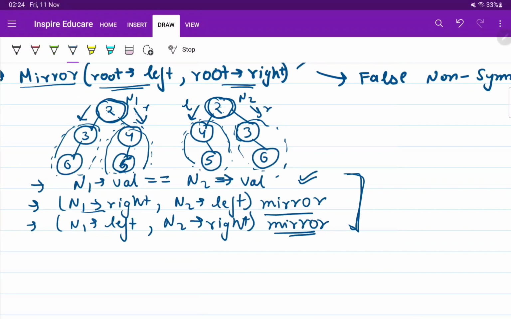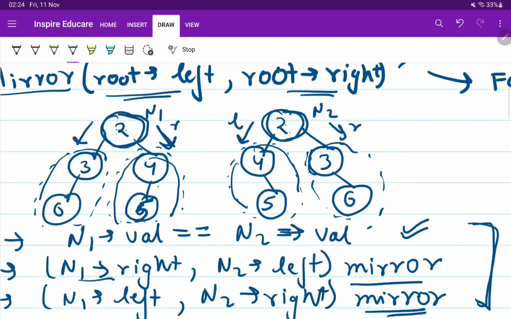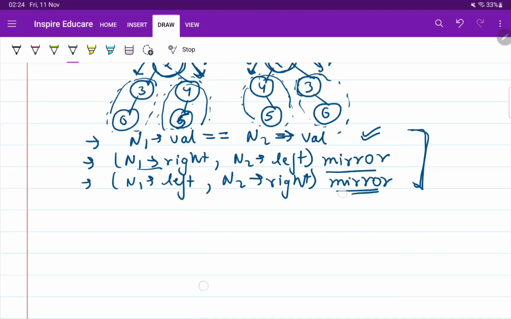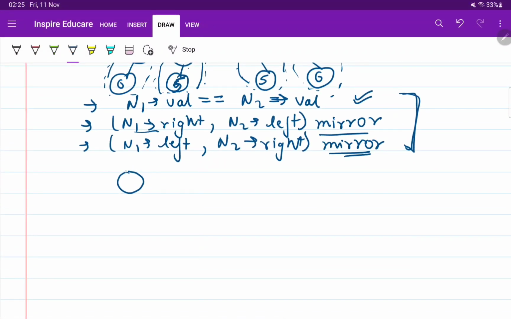So we'll check, let's take these two trees, let me zoom. We'll check the right of this and left of this, right? So there will be a point when we reach the leaf nodes. Okay, let me take a smaller example. Let's say I'm given 1 and 2 trees here, and there is 2.